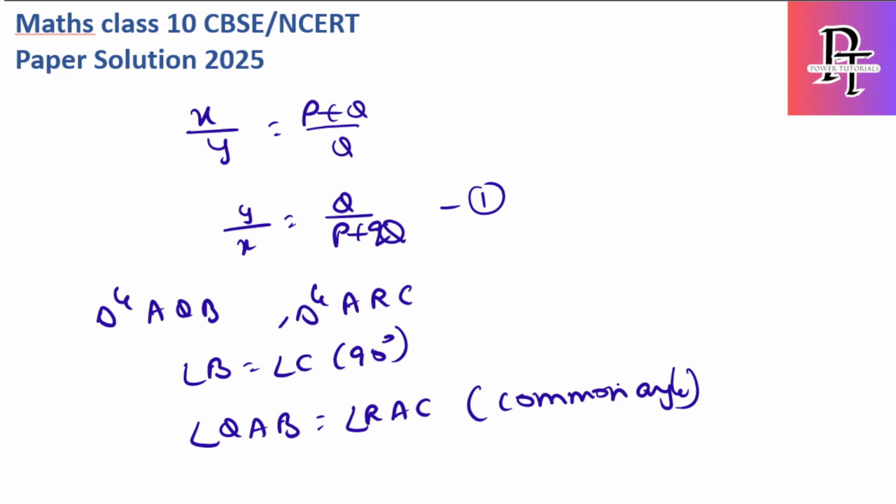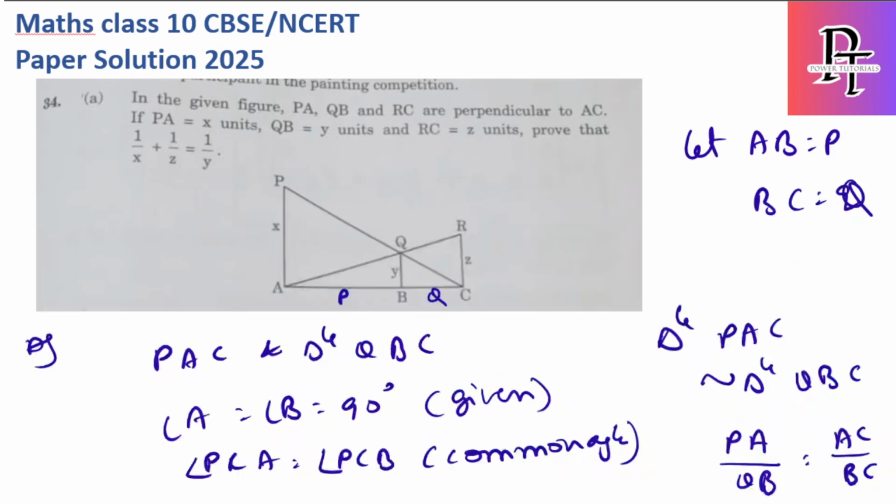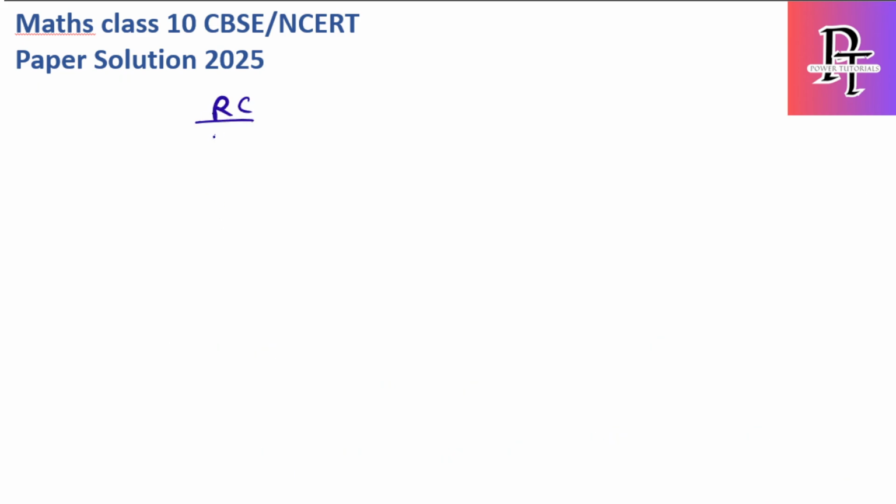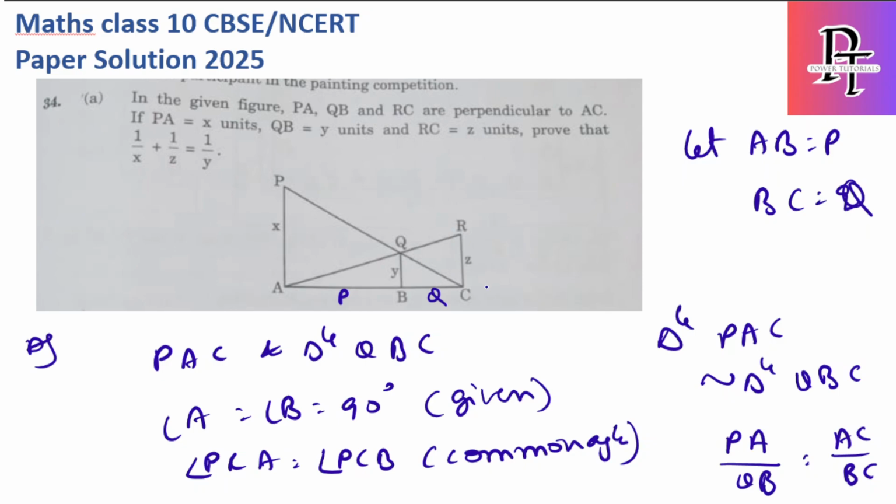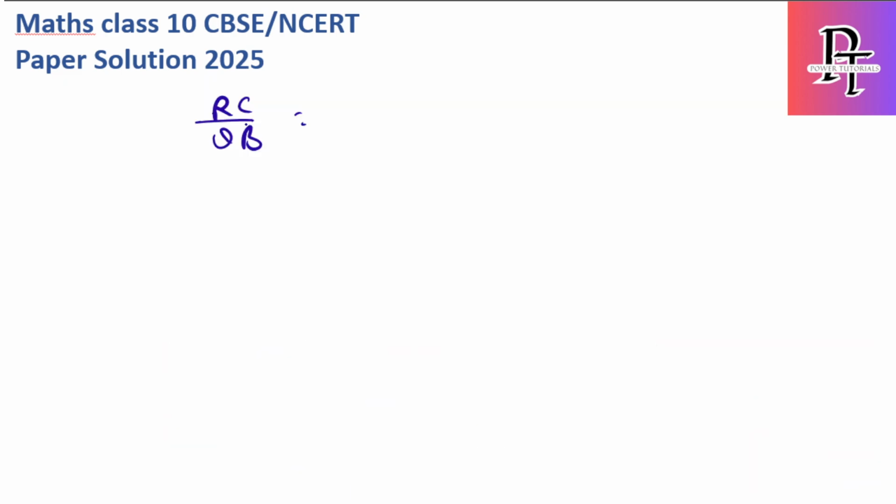Okay, sorry, let's continue. So as two angles are equal, the triangles are similar, which is AQB is similar to ARC. If triangles are similar, corresponding ratios are equal, which is RC by QB is equal to AC by AB.